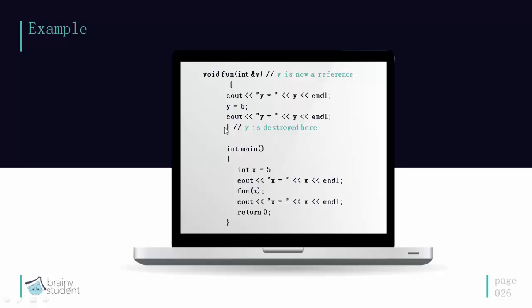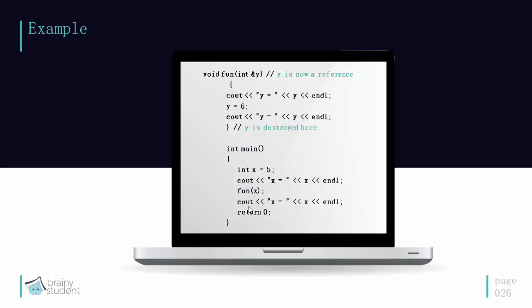As soon as this function is closed, the pointer will return to the next line of the function call. My next line is cout x is equal to, and just because y was an alias of x, the x value is also changed and becomes 6.